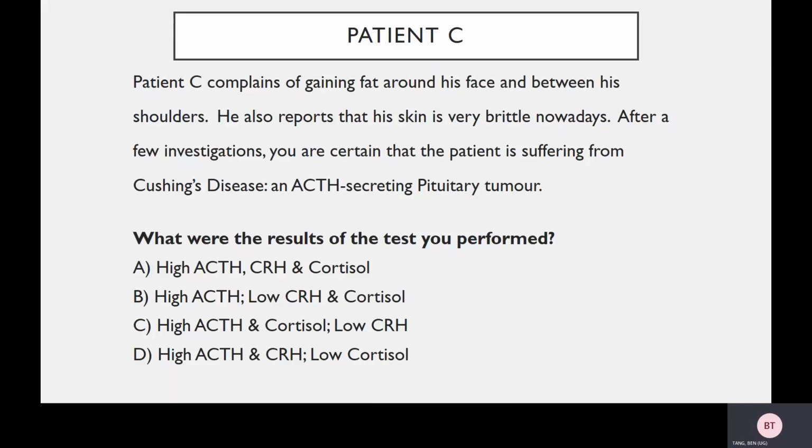So is having brittle skin. Now, after a few investigations, you are certain that the patient is suffering from Cushing's disease. Cushing's disease is a subtype of Cushing syndrome, and specifically is caused by an ACTH secreting pituitary tumor. Now, the question that I'm asking is, what were the results of the test you performed?